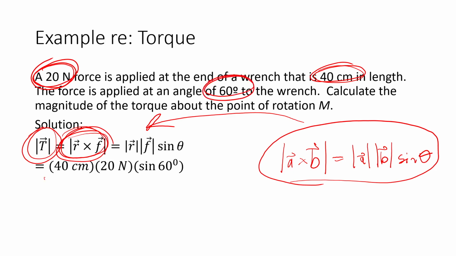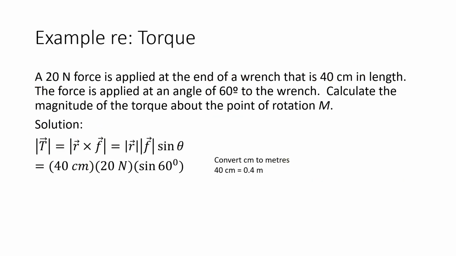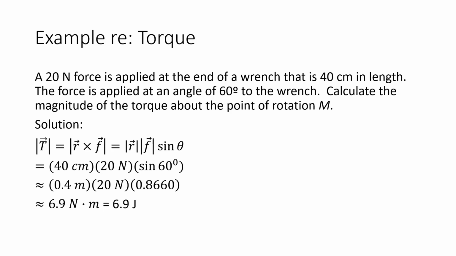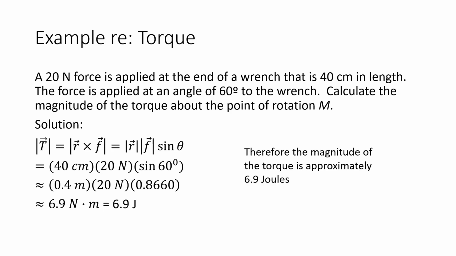Now, we can write that here. Remember, though, that joules are measured in Newton meters, so we're going to convert our 40 centimeters to meters. So we get 0.4 meters times 20 newtons times approximately 0.8660. That's roughly equal to 6.9 Newton meters, which is 6.9 joules. And so we can say the magnitude of the torque will be roughly 6.9 joules.